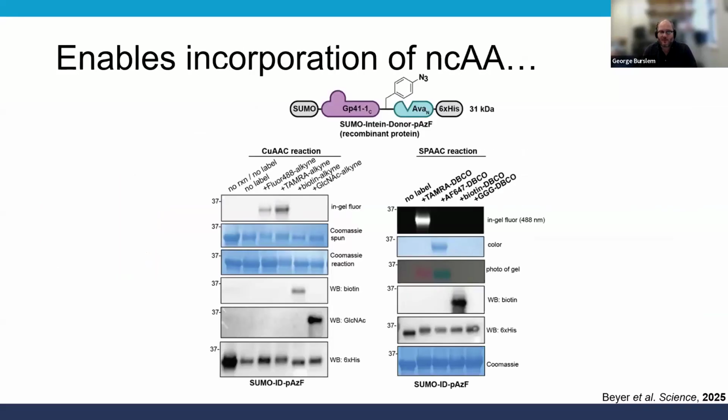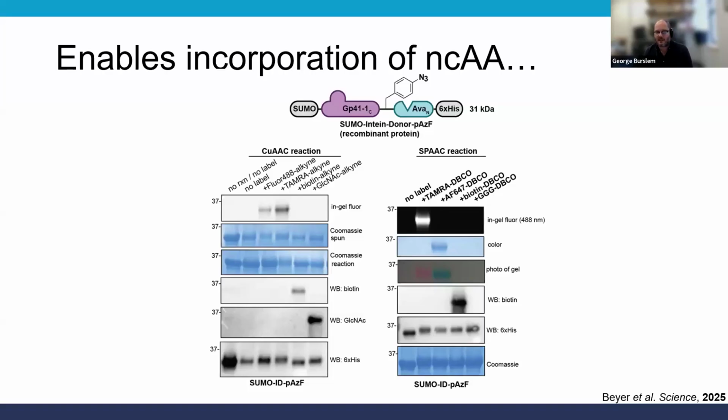So what we then did was express and purify our donor in E. coli with resources from the GCE for All Center, to incorporate this phenylalanine. We were able to express large amounts of this after extensive optimization of the expression conditions. And then we can do all sorts of chemistry on this donor sequence.